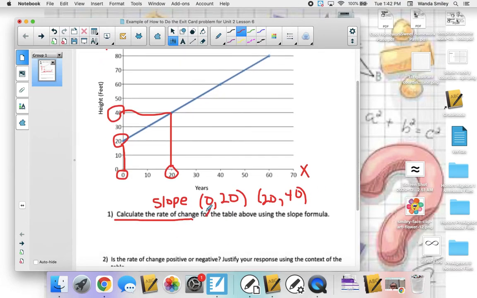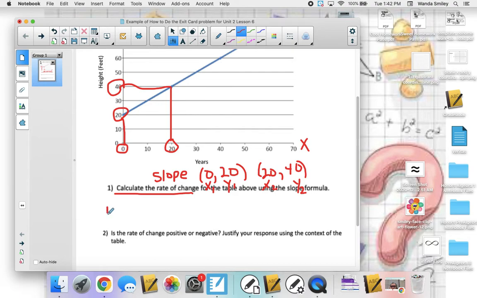I think we talked about this yesterday, but if you don't have it, that's fine. I'm going to label the first point x1 and y1, and the second point x2 and y2. In their notes they used f of x minus f of x, but we're going to use y. So the slope equals y2 minus y1 over x2 minus x1.